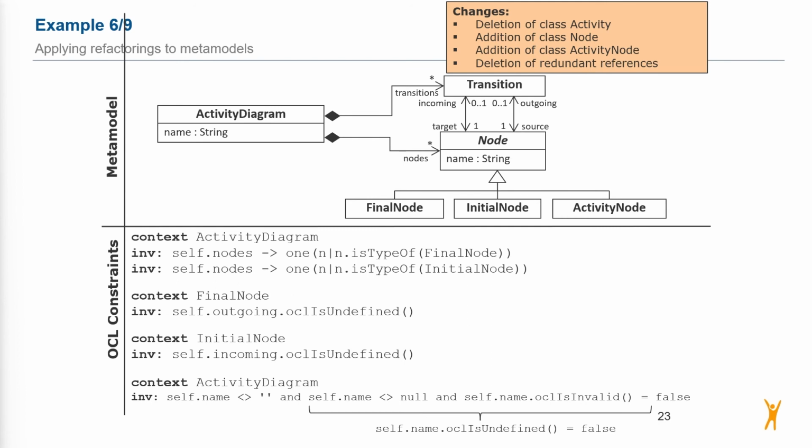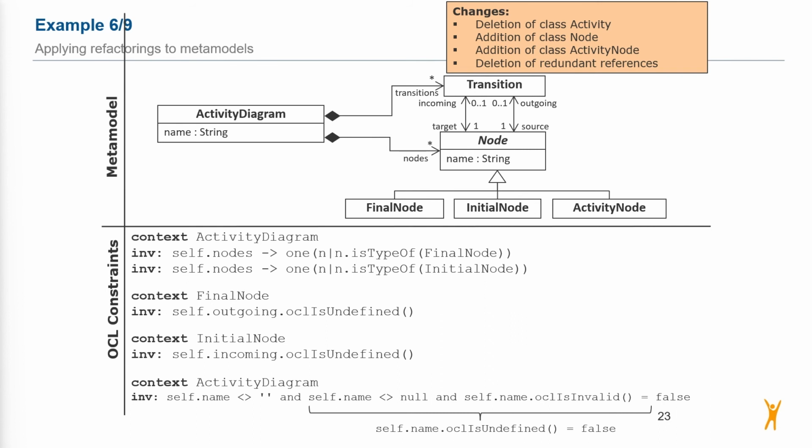In the context of a final node, you further specify the invariant that self.outgoing is undefined. So you would define that for a final node, it is not allowed to have any outgoing relations or references. On the contrary, for the initial node, you define that there might be no incoming relations.